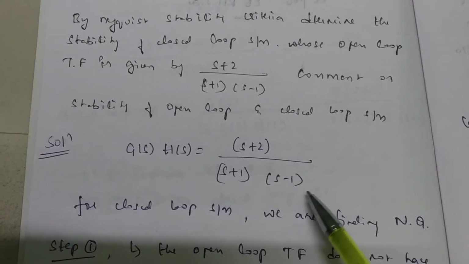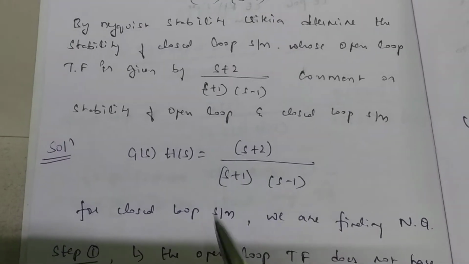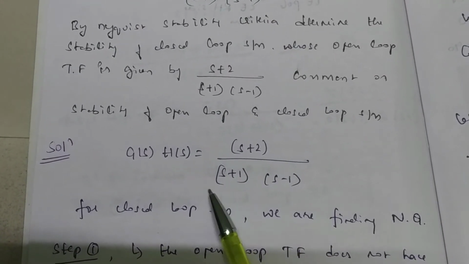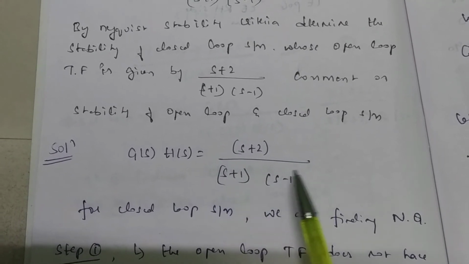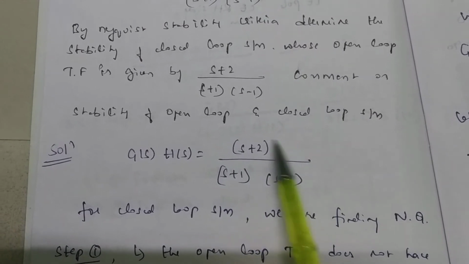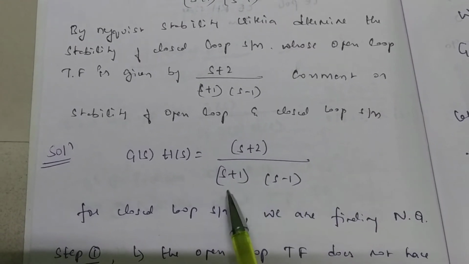So according to the question, we have to draw the Nyquist plot here. In this system, there is no pole on the imaginary axis and no pole at the origin. Why? Because the numerator part we call a zero, and the denominator part is the pole.